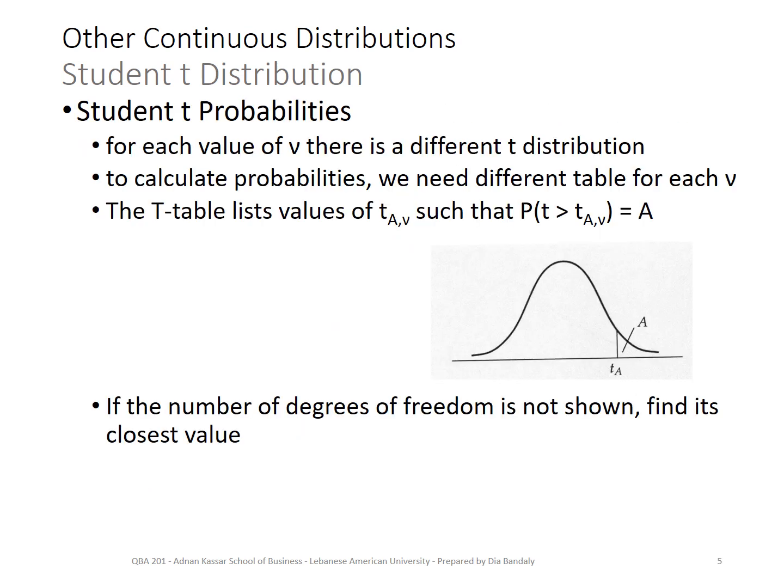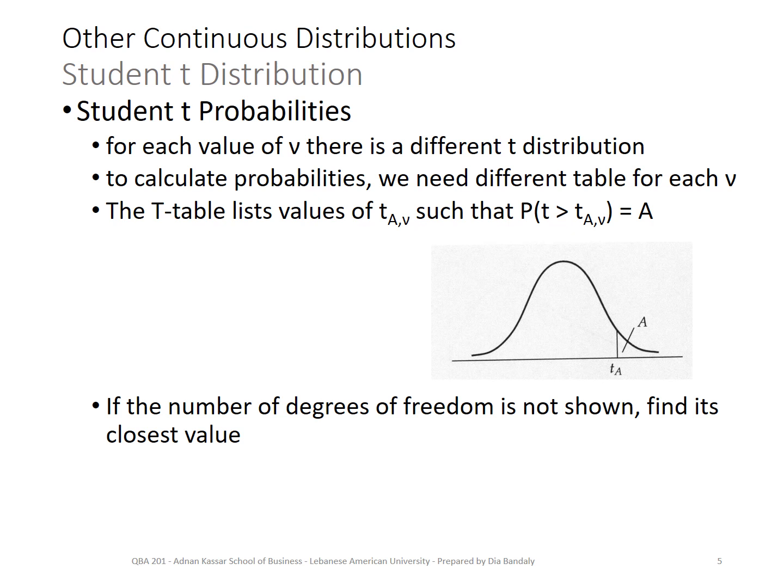All right, so in order to find the t values, as I mentioned before, the t distribution has a parameter, which is the degrees of freedom nu. Because it's possible to have so many values of nu, it would not be practical at all to prepare a different table for each nu.